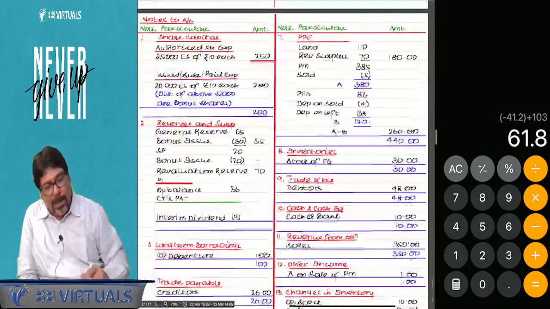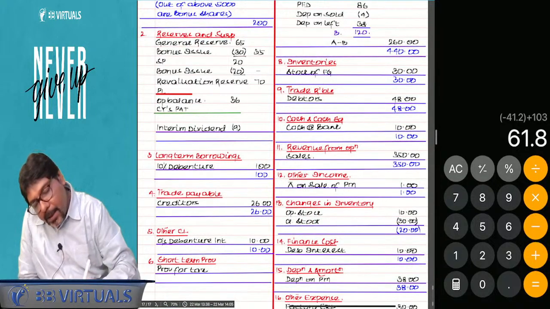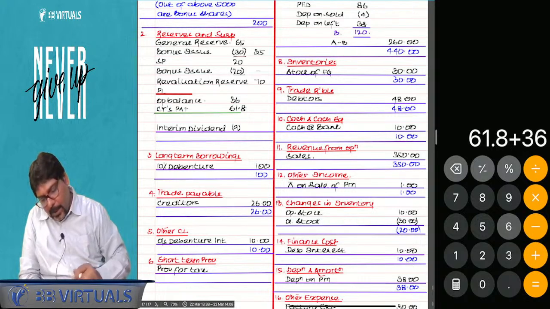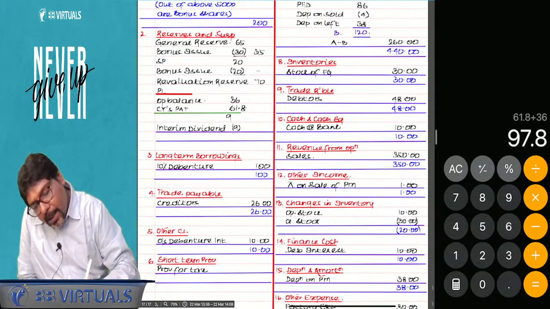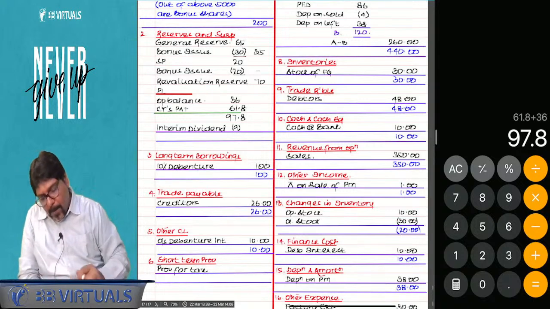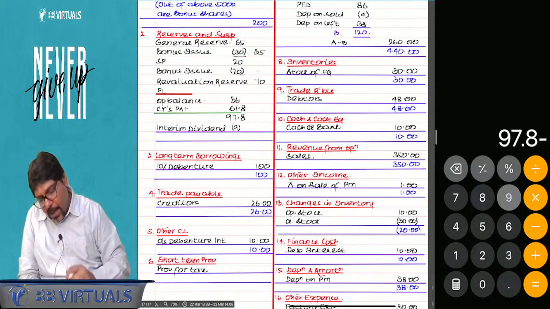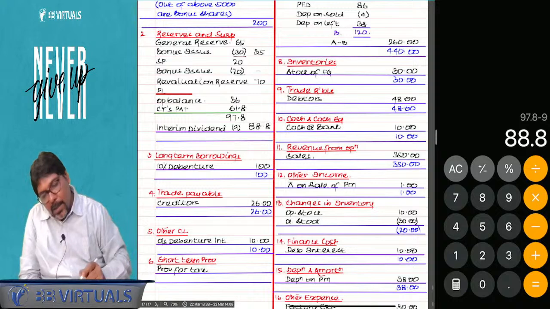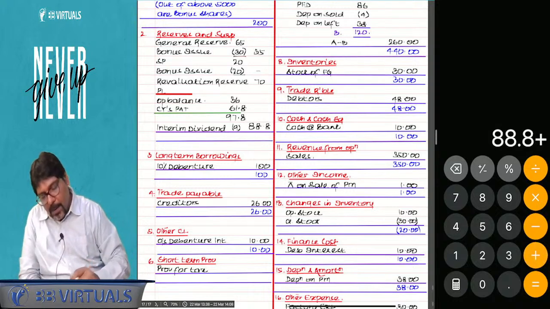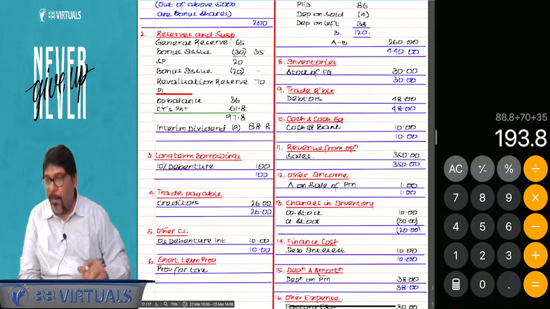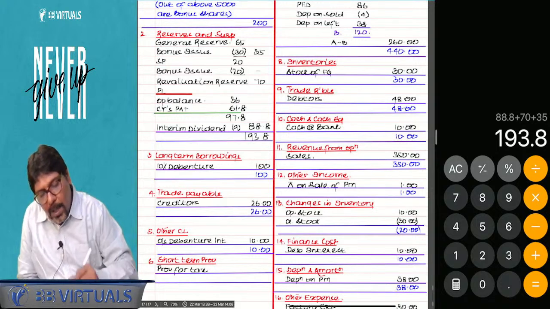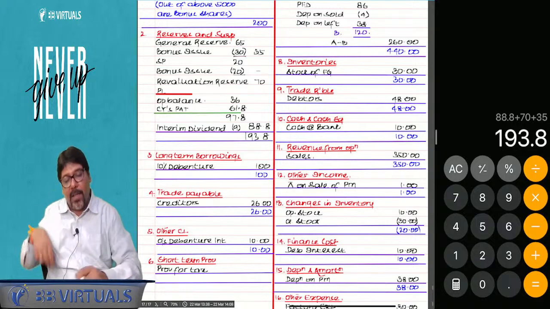And reserves and surplus means 61.8 plus 36, 97.8, minus 9 is equal to 88.8, plus 70, plus 35, 193.8. This is your reserves and surplus.